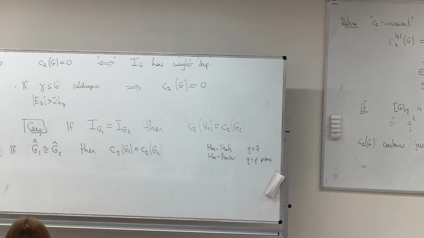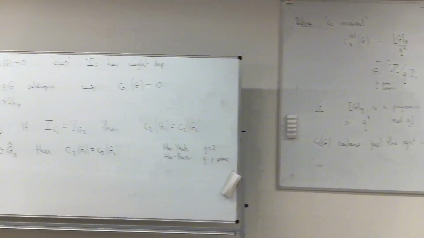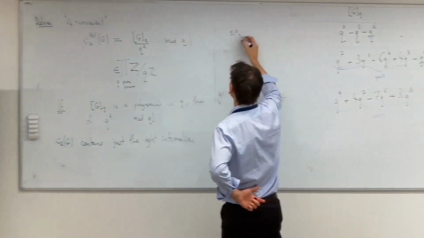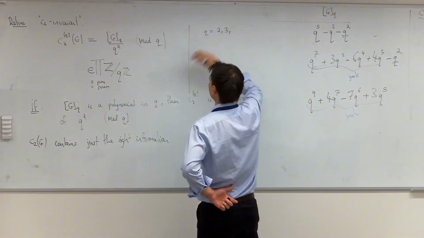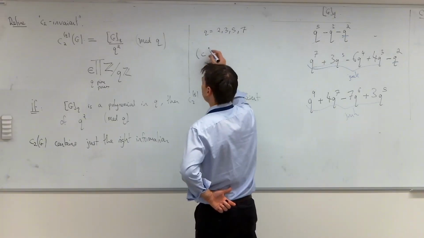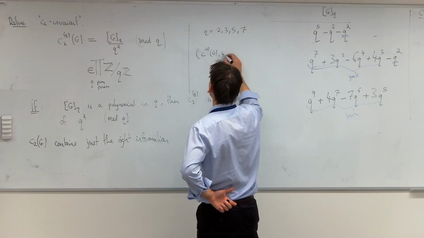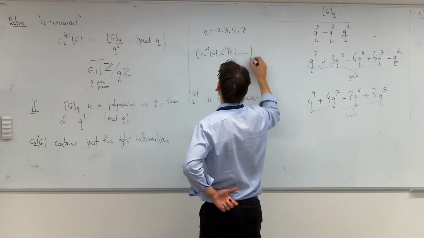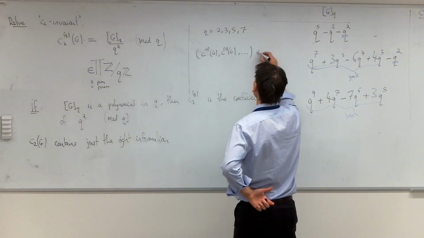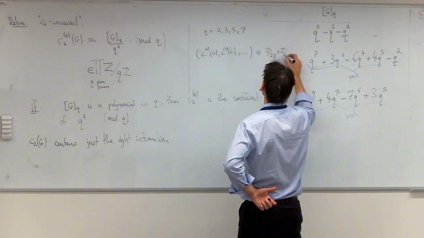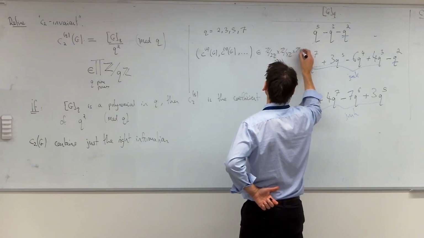So this idea. If we just look at q primes, so q equals 2, and not forget prime powers, then we have basically an infinite sequence of invariants of a graph. And they lie in Z mod 2Z, Z mod 3Z, Z mod 5Z.